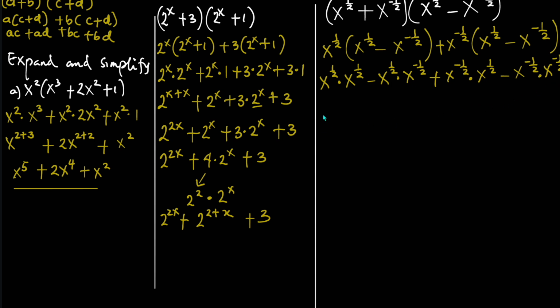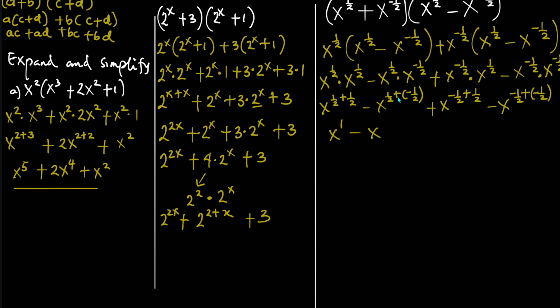So this becomes x to the power of 1/2 plus 1/2, minus x to the power of 1/2. Now when you add this together, it becomes plus negative 1/2. So plus x to the power of negative 1/2 plus 1/2. And lastly, minus x to the power of negative 1/2 plus negative 1/2. So this becomes x to the power of 1, minus x.